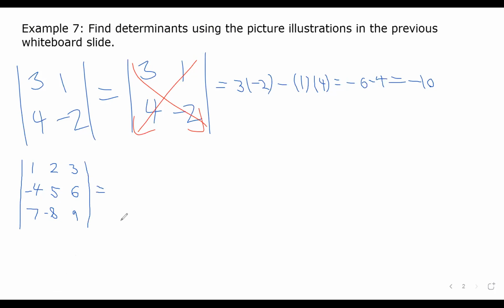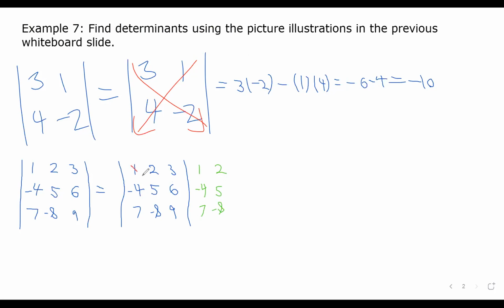To find it, I'm just going to rewrite the matrix again: the determinant of 1, 2, 3, -4, 5, 6, 7, -8, 9. Then I'm going to add in, these are not actually here, they're like ghosts, just 1, 2, -4, 5, 7, -8. These numbers are not really here, and I'm just using them as a visual aid to find the determinant.